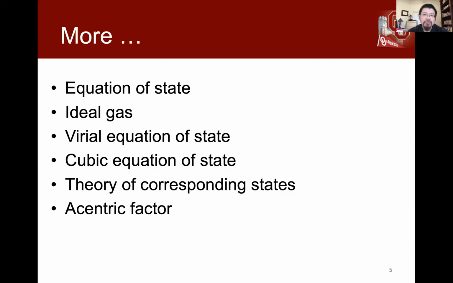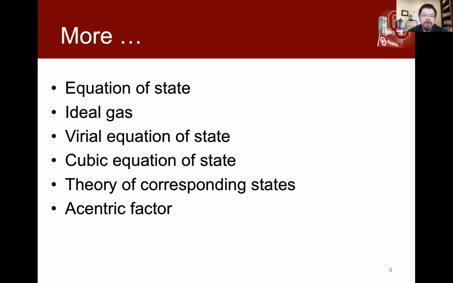That equation is cubic in volume, so we also call it a cubic equation of state. And then other scientists over the years have proposed other ways to account for the molecular size and intermolecular interactions. So we have a family of those cubic equations of state.